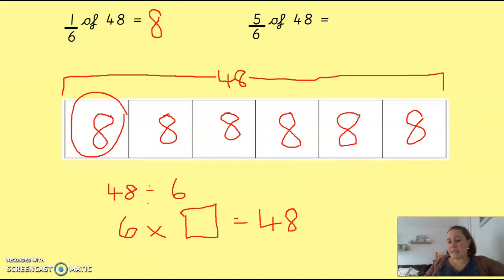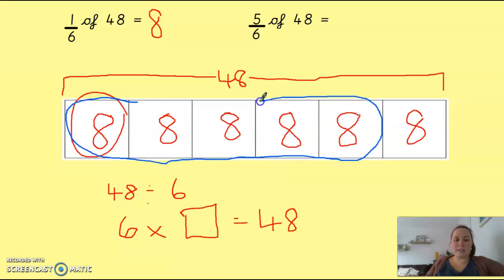Now, if I use another colour, I want 5/6, so I'm going to need to use 1, 2, 3, 4, 5 of these sixths. Okay, now again, I could add them up, but what's quicker than adding the same number over and over again is multiplying. So 8 times 5, because I've got 8 in each box and 5 boxes. 5 lots of 8. And 5 lots of 8 is 40.